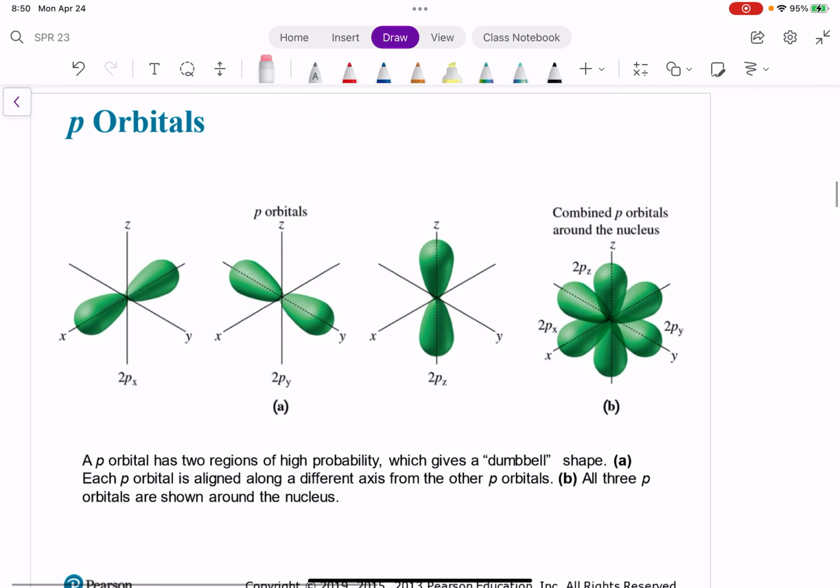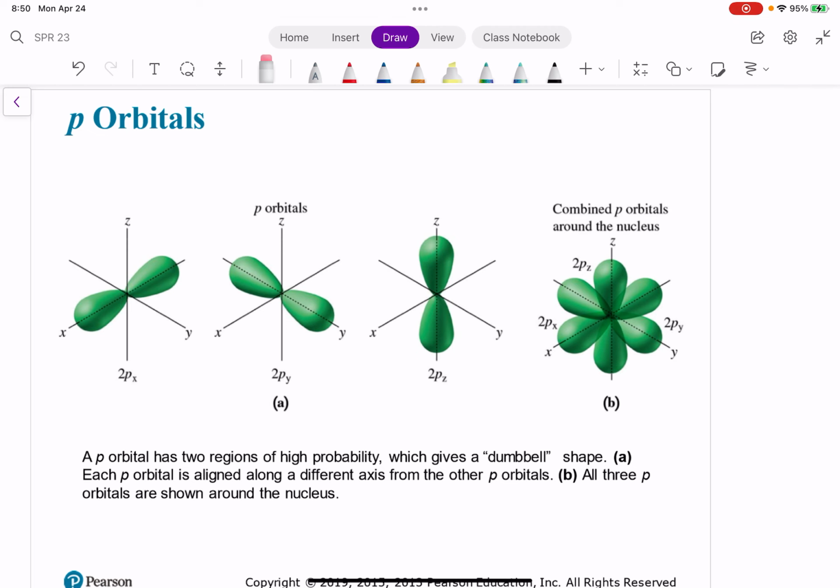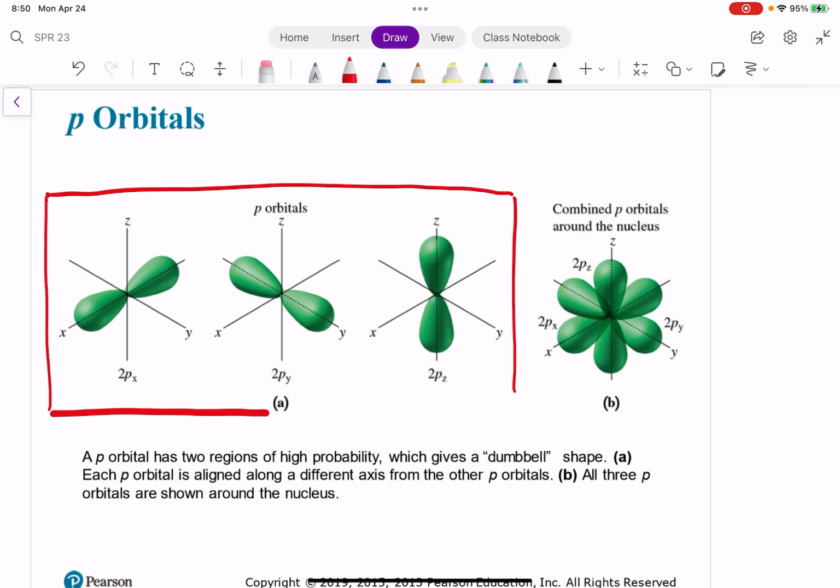So the p orbitals are arranged along each of those axes. What do I mean by that? Here's a picture. This is just the combined p orbitals around the nucleus, but you can ignore that for now, because what I want you to focus on is the fact that there are 3 p orbitals and that they are oriented like so. This p orbital is oriented along the x-axis, where we can see our x labeled.